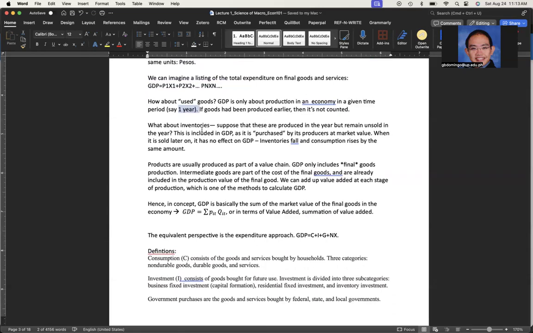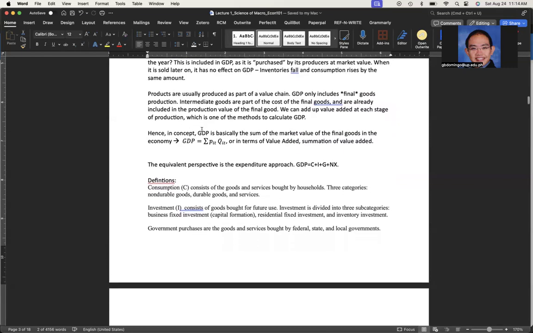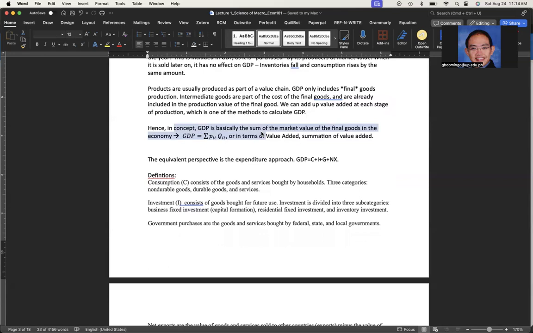I invite you to go back and revisit the book, as well as the earlier discussion on these. Hence, in concept, GDP is basically the sum of the market value of final goods in the economy in terms of value added, summation of value added within a particular point in time.